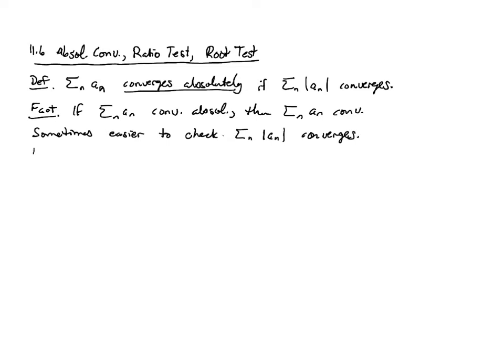So let me show you an example of that. I claim that the series sum from n equals 1 to infinity of sine of n squared plus 1 over n cubed converges. And the way that I'll show that is by showing that it actually converges absolutely.